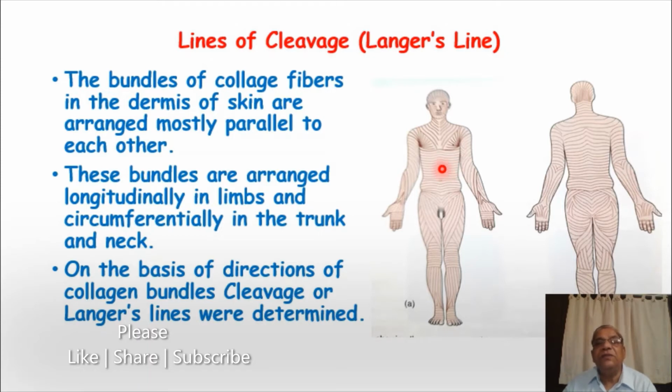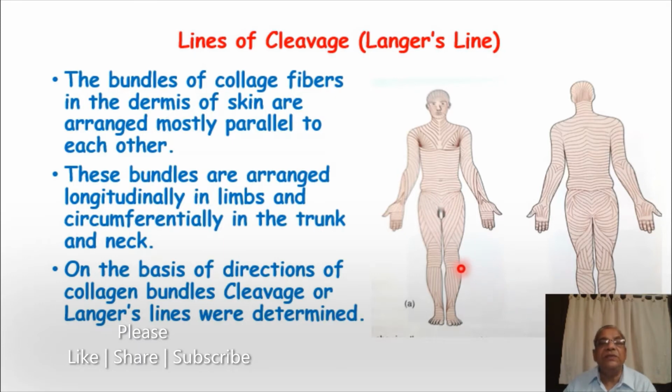If you see this, you will see that these lines of cleavage are not the same everywhere in the body. Though they are parallel, the running of these collagen bundles is different in the trunk and in the limbs.